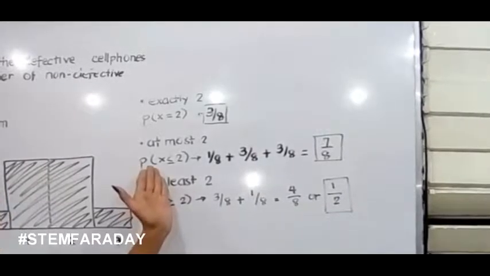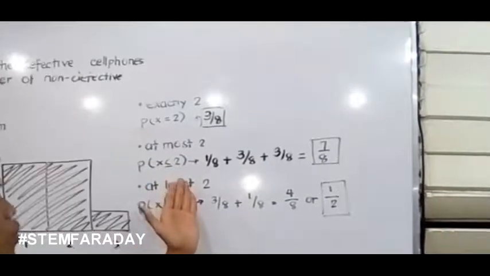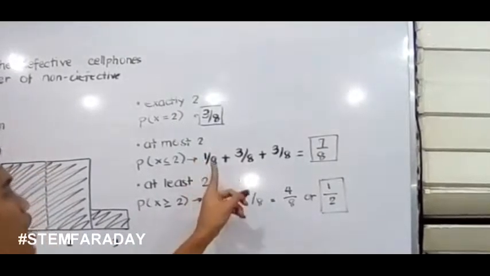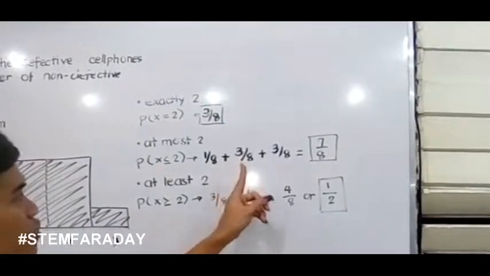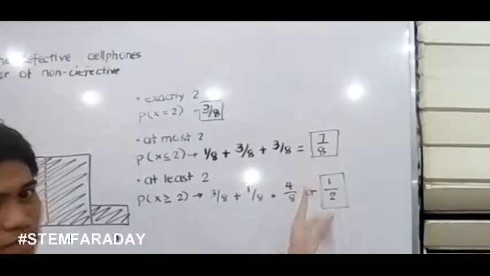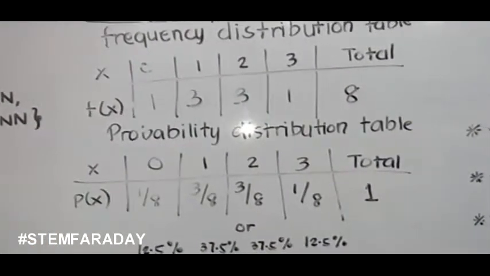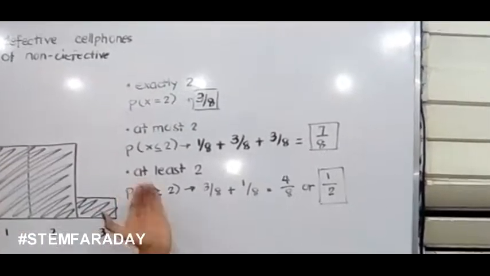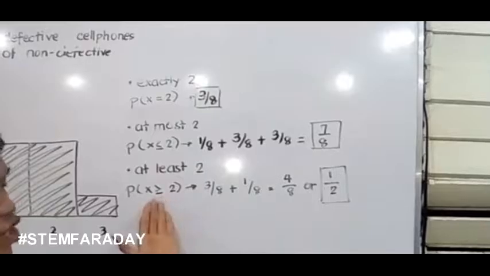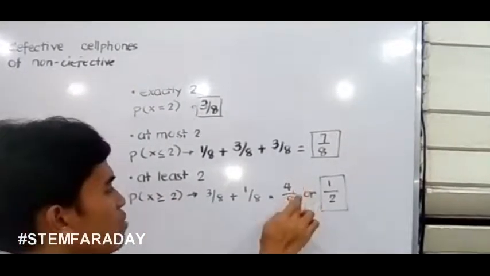In getting at least 2, which is P of X greater than or equal to 2, or 2 to 3, which is 3 over 8 plus 1 over 8 is equal to 4 over 8. 4 over 8 can be simplified by dividing by 4 over 4, which is equal to 1/2.